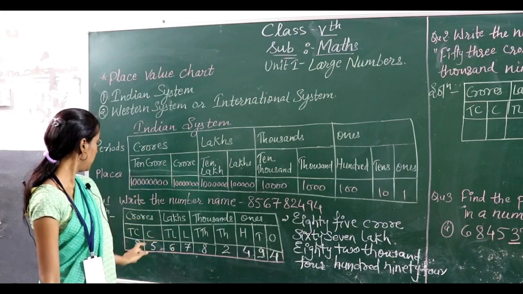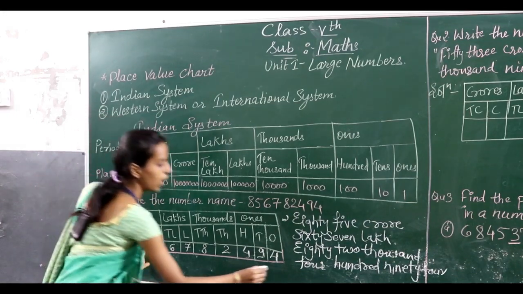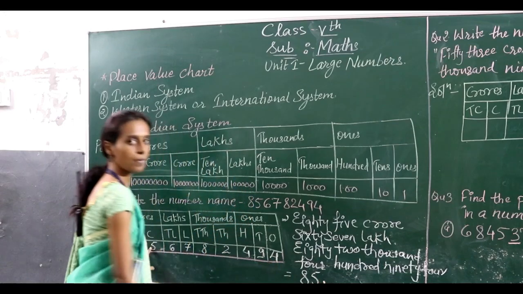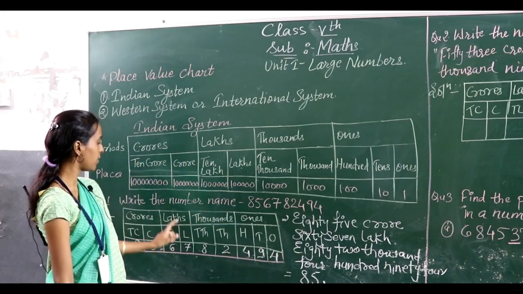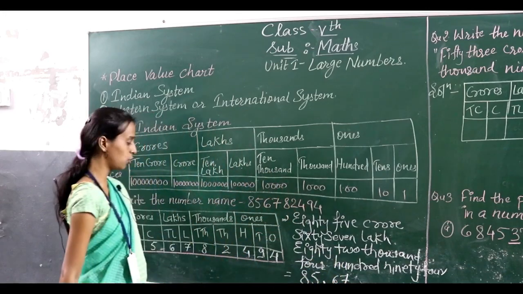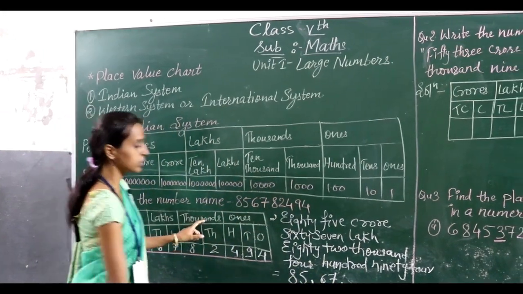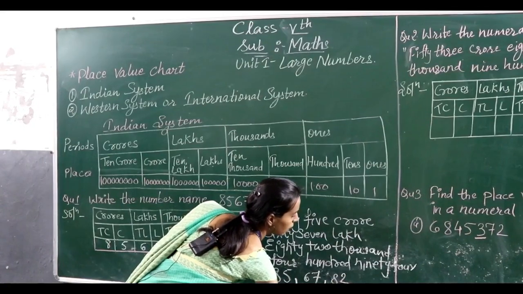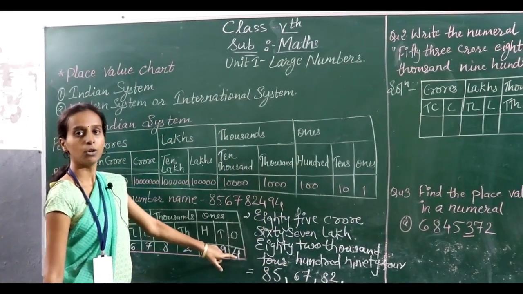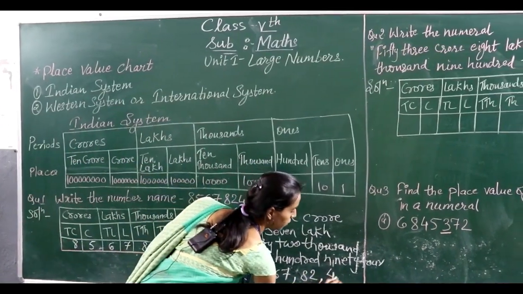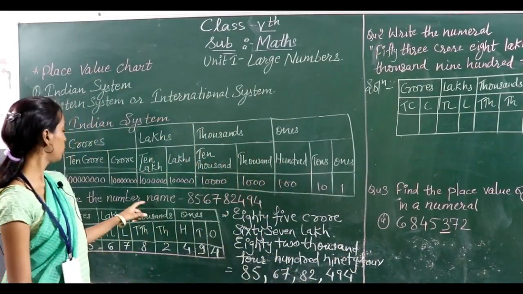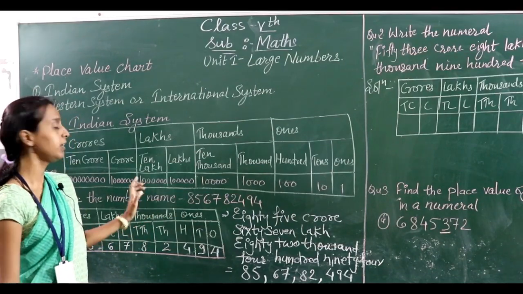Here it is 85, so we write 85 crore, comma, then 67 lakh, again put comma, 82,000, again put comma, and lastly 494. In this way you have to write the given number in the number name.